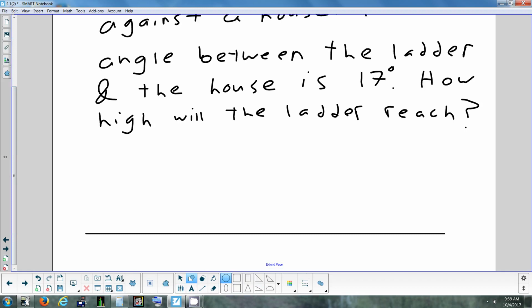Here's my house. I'm going to lean the ladder up against it. Okay, kind of like that. Close enough. Okay, so there's my ladder leaning against the house.